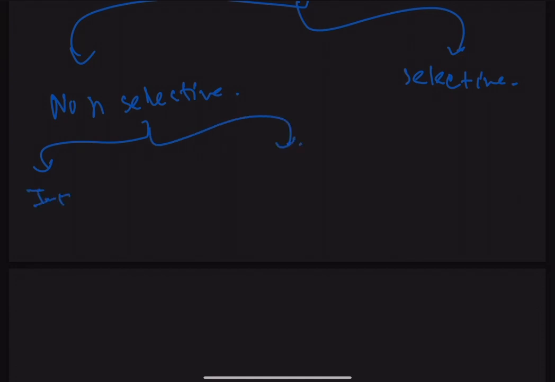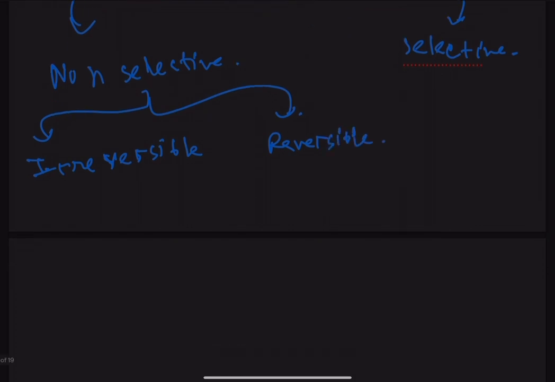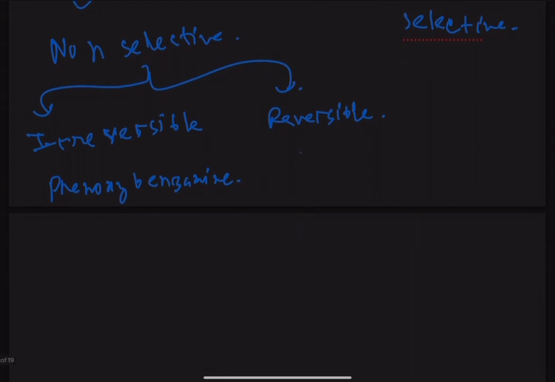There is irreversible and there is the reversible alpha adrenergic antagonist. Irreversible, here we have phenoxybenzamine and in reversible we have phentolamine.